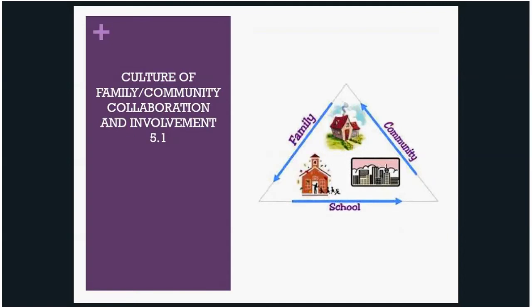The first component in Domain 5 is the culture of family, community, collaboration, and involvement. Our principal effectiveness model defines it as: an effective principal supports and promotes a culture of family and community involvement to engage stakeholders in school goals and programs.